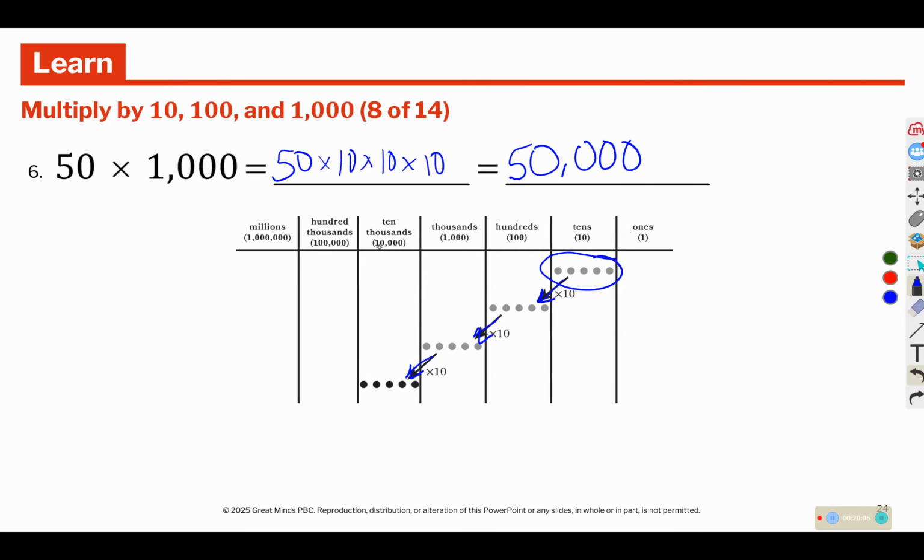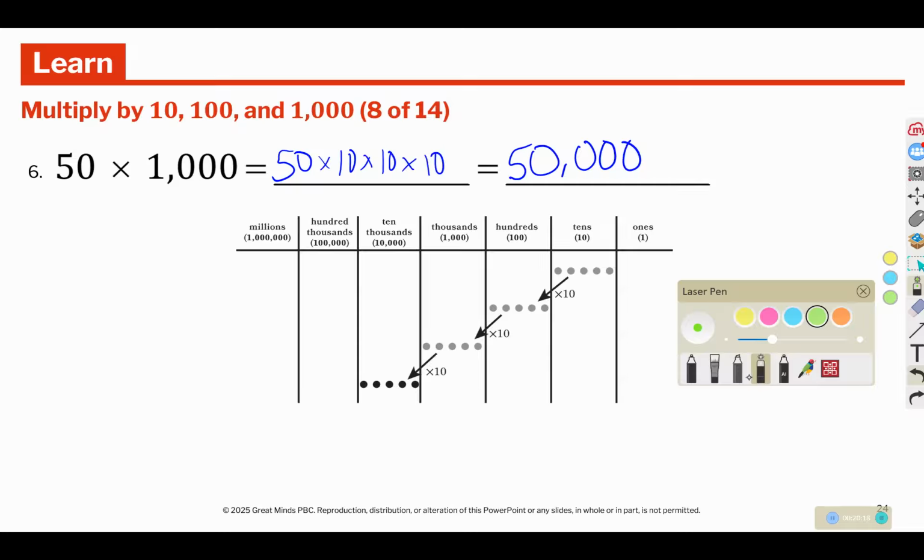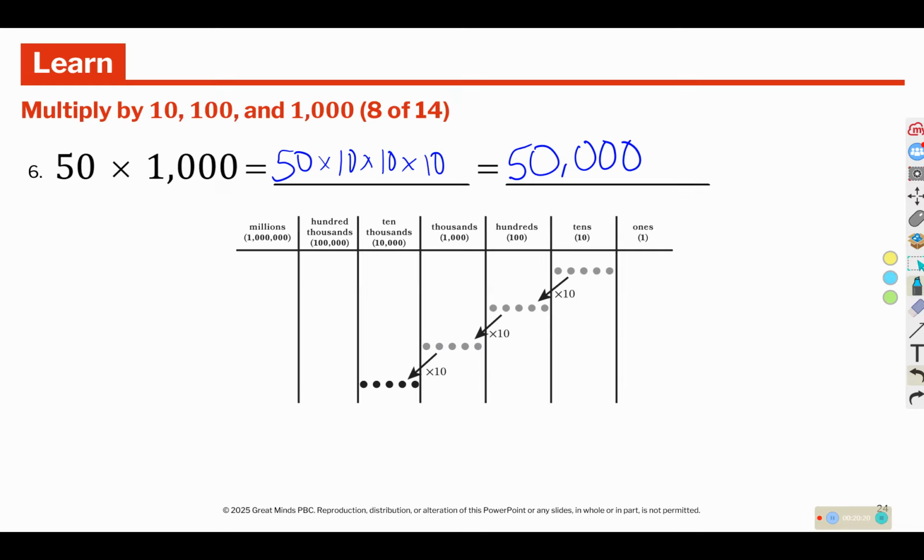Here you can see the 10,000s place, and I need 5 in that place value, which is 50,000. Following that pattern we discussed, you can see 50 times 1 is 50, and then there are 1, 2, 3 extra place values.